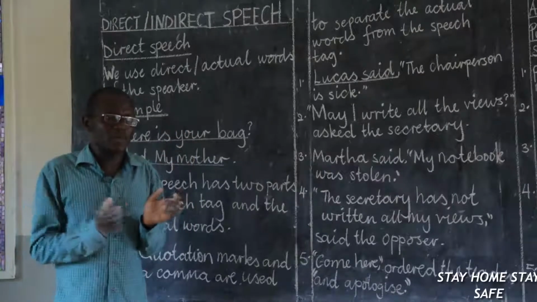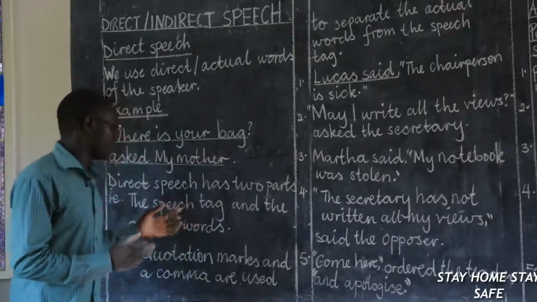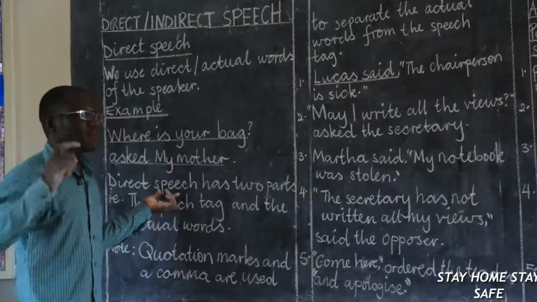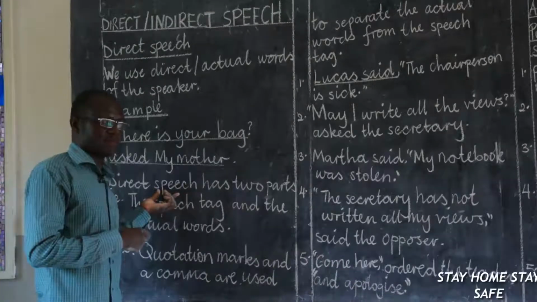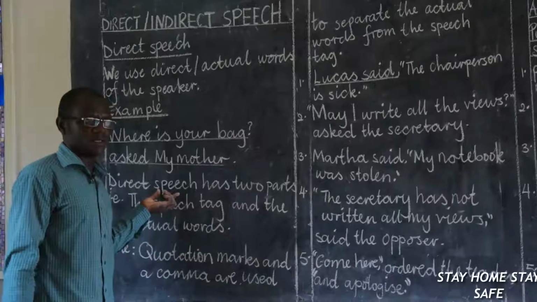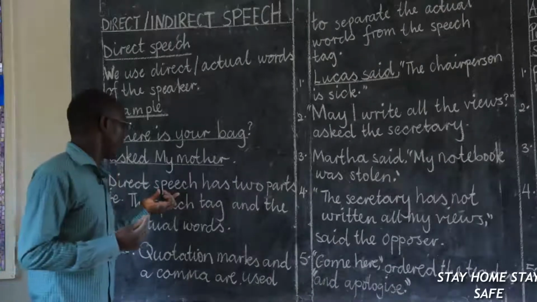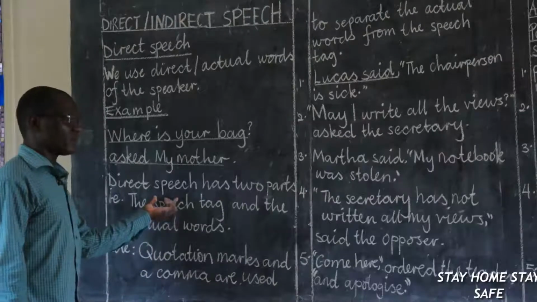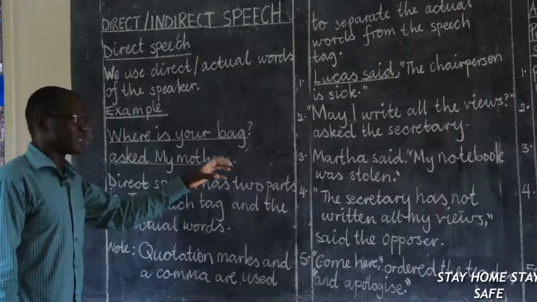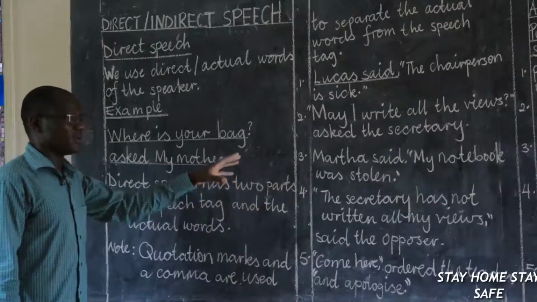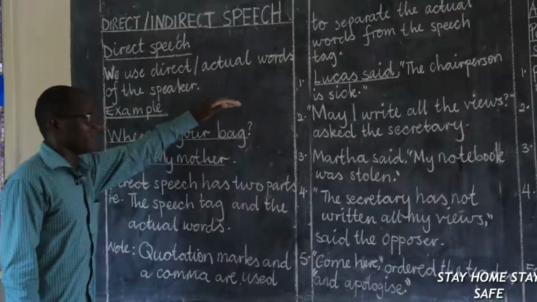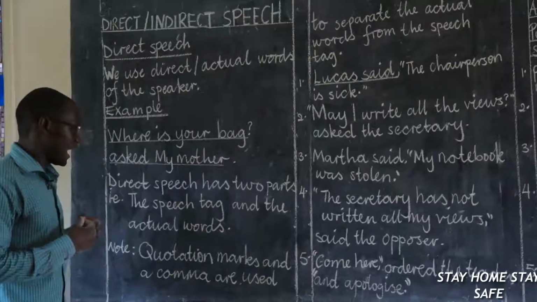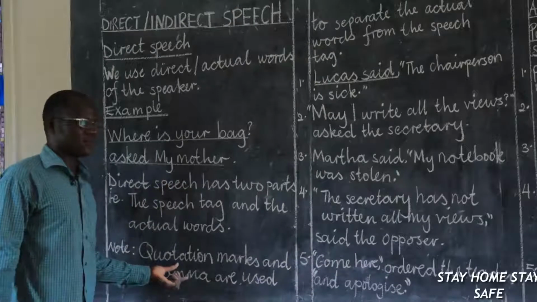So these ones help us to put direct the words that have been said by someone. The way you hear them should be the way you speak them without changing a word. You shouldn't change any word. Therefore, we use quotation marks to separate the actual words that have been said by somebody from our own words, and with the help of a comma.